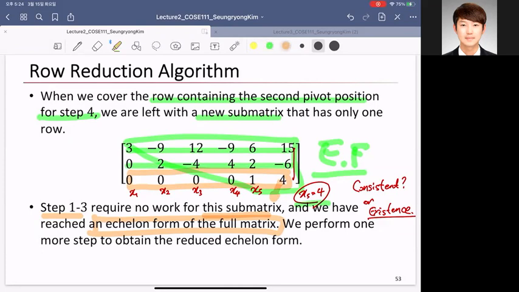Then, to find a solution, we can perform one more step to obtain the reduced echelon form. Then we can find a solution. Okay. So in this case, this is the echelon form, and we already know this one is the pivot position.